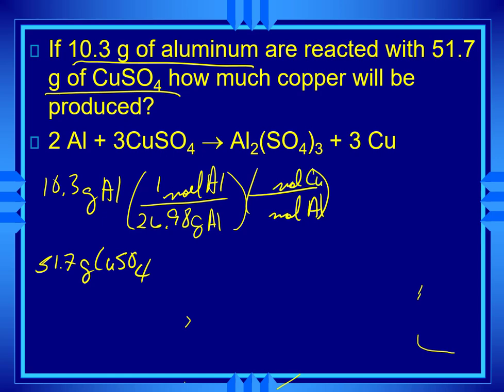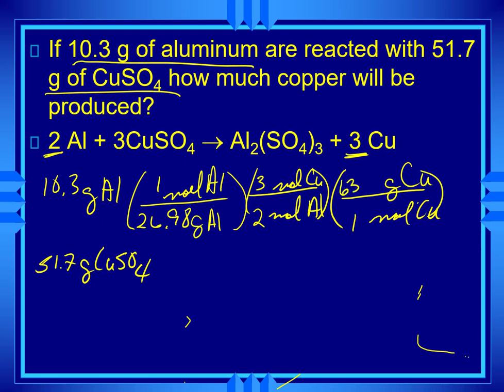And mole to mole, we use the coefficients. So in front of aluminum there's a 2, in front of copper there's a 3. And then I'm going to get rid of moles of aluminum, moles of copper, and change it to grams of copper. I look up copper on the periodic table, it says 63.55 grams.